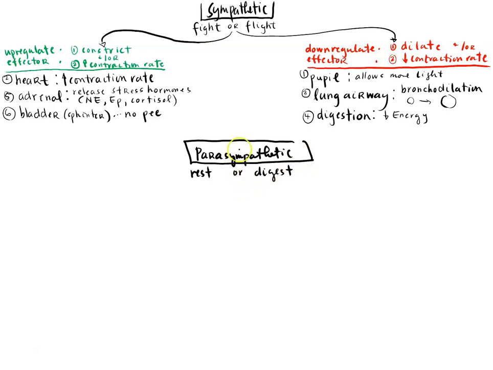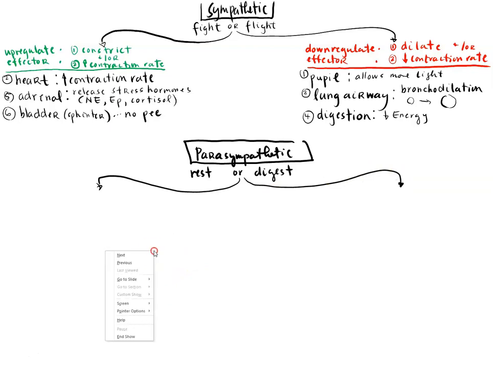Okay? So of course, I'm also going to be having two different ways that I can facilitate these cellular responses. And I'm going to go back to my green pen. And yes, the parasympathetic nervous system can upregulate effectors.